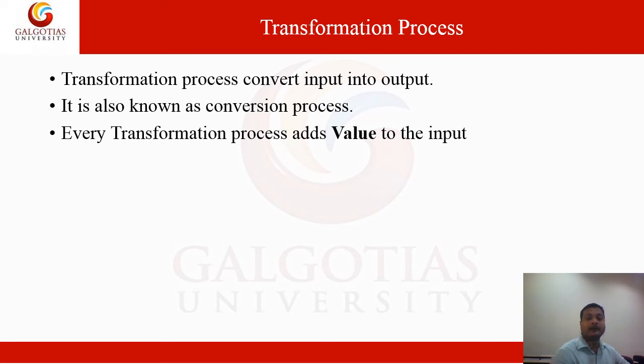Tires, steering, glass, everything comes at the same time, and assembling all these inputs, you will get a car as an output. So in some cases there will be only one input, and in some cases there will be many inputs taken by the transformation process.